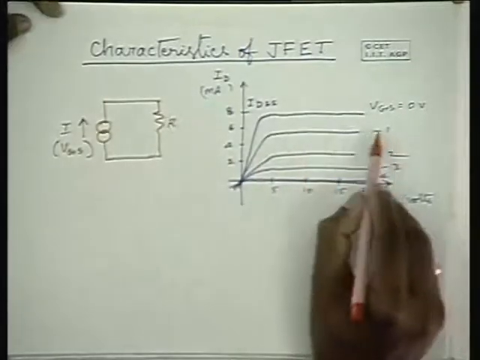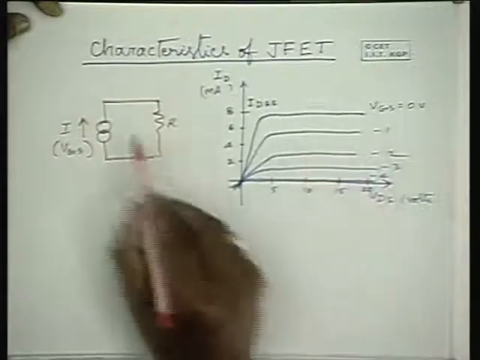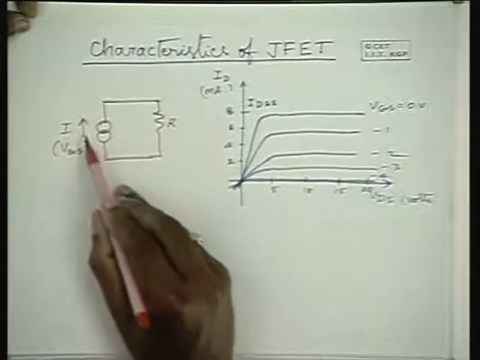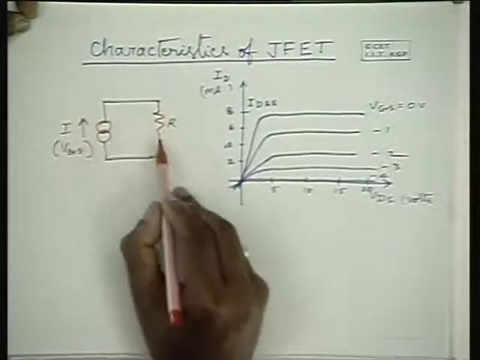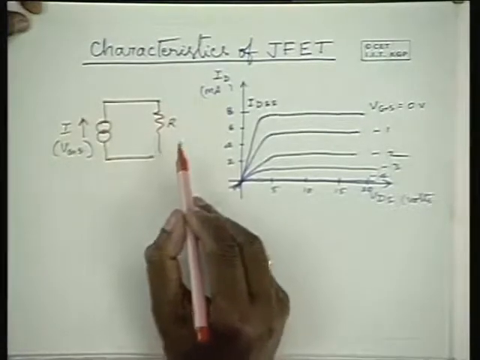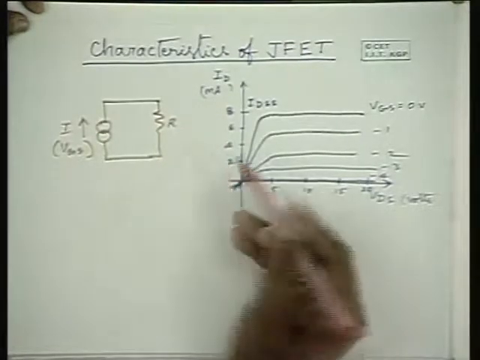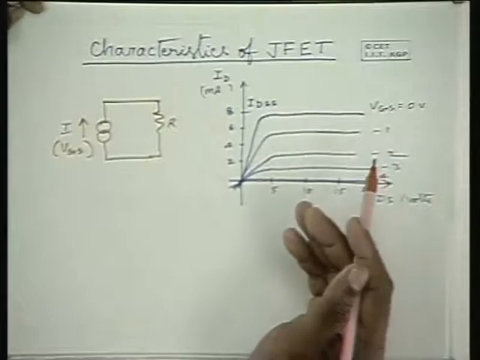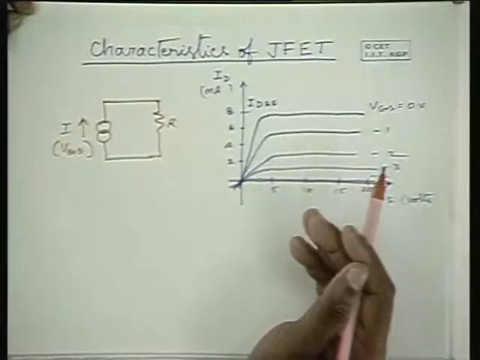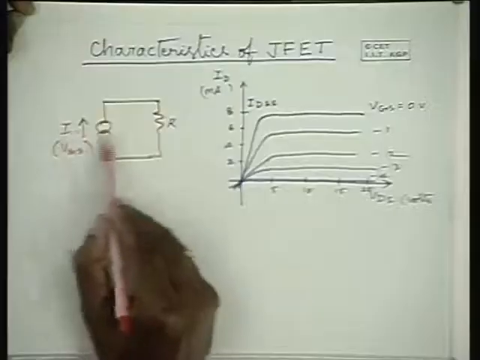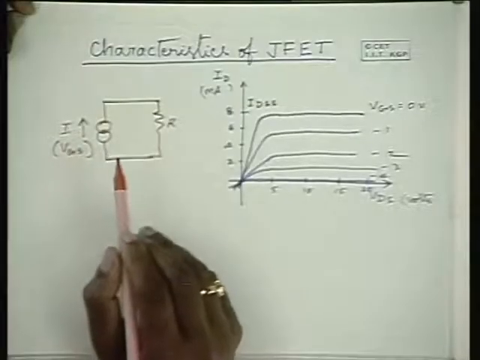With a small gate to source potential, you will find appreciable current variation, and when you pass this current variation through a large load resistance, you will have a large voltage drop across this resistance, and that is responsible for amplification. Hence, a JFET can be used as an amplifier. In general, it can be used as a voltage dependent current source.